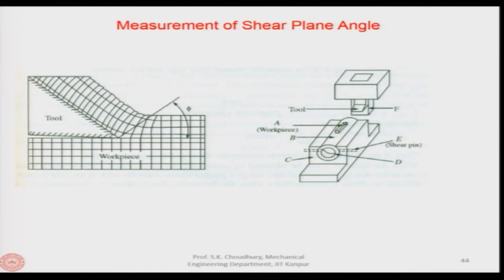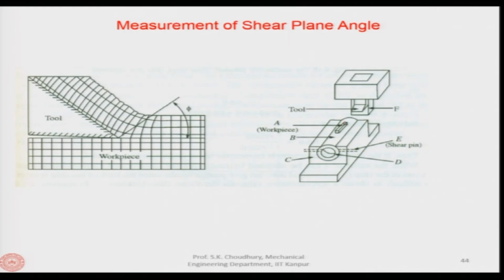Shear plane angle is measured in this way, that this is a device which will actually make a partially formed chip, all right. So, for example, here this is the device where you have a cylinder, and this cylinder is fixed in here with a pin, shear pin, meaning that if the cylinder is pushed to this side, the shear pin will be broken and this cylinder will come forward. It is stopped here by the shear pin.